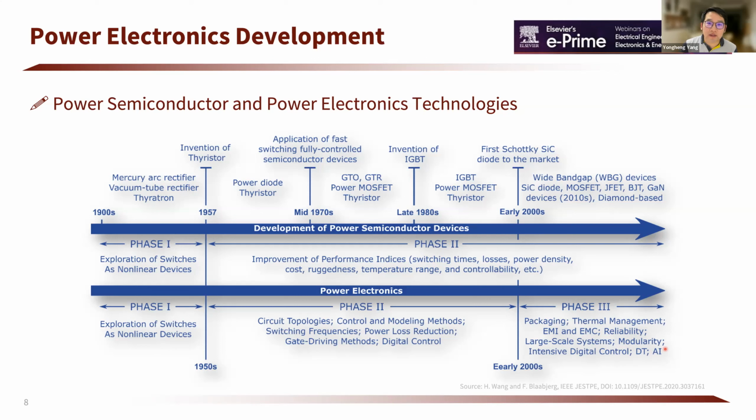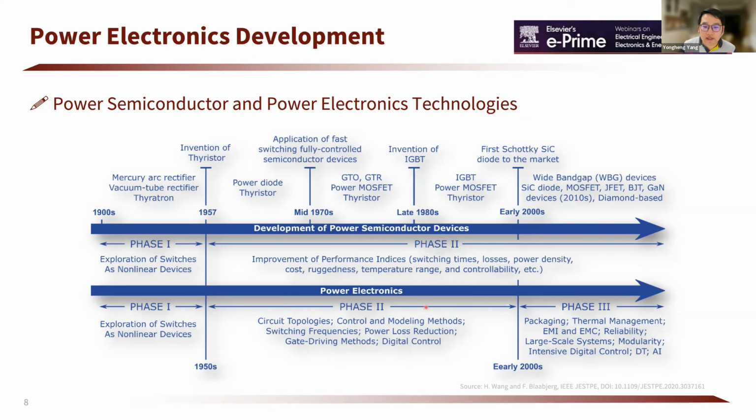So in the past, that was about exploration. Then we focused on the basic functions of power converters, and today we focus on further improvement of the performance of power electronics, because they are the major components in energy conversion and utilization.